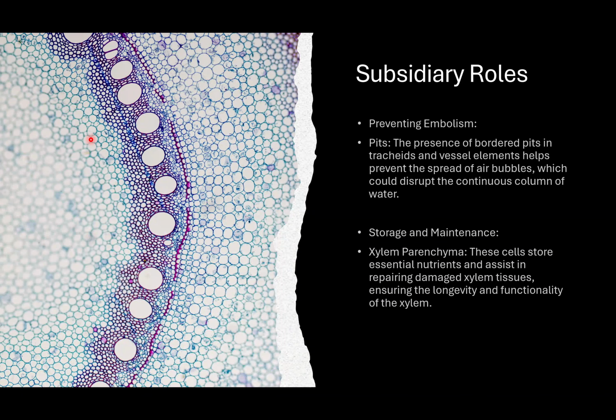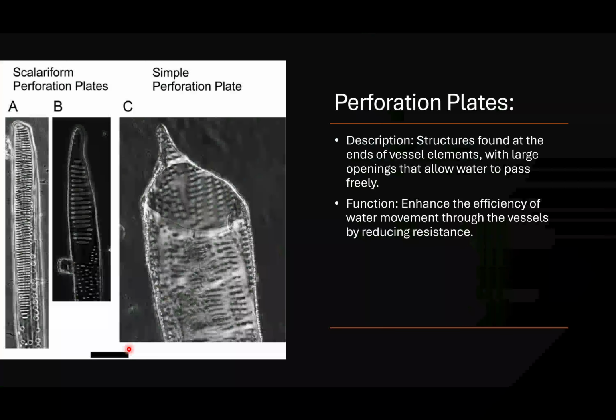They aren't usually mentioned, but these are roles that could be used, all right? Remember in biology, information and specificity is key. Right? They are your friends. Okay? So really looking at that. So that's the subsidiary roles of the structure of the xylem specifically.